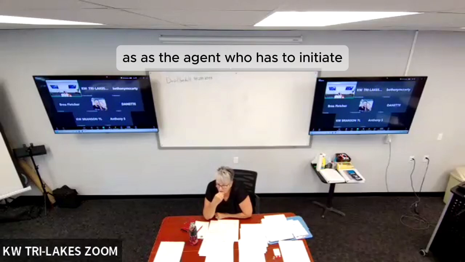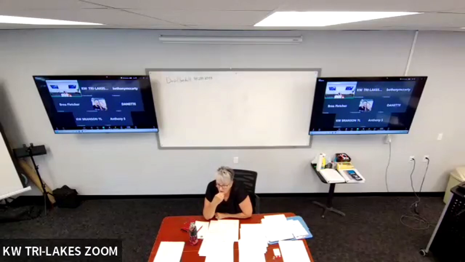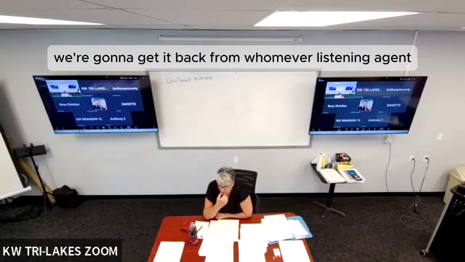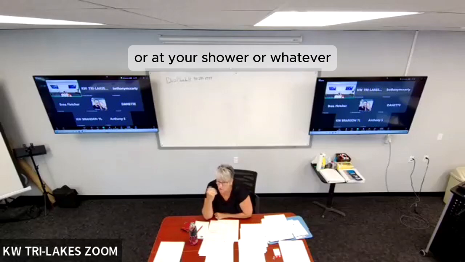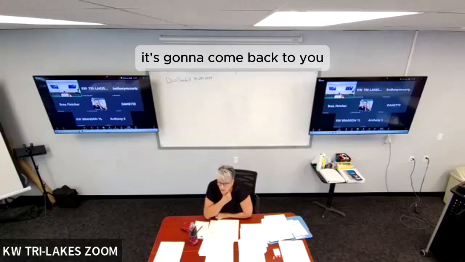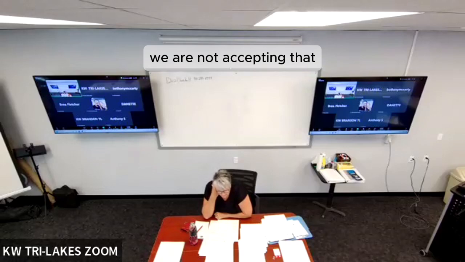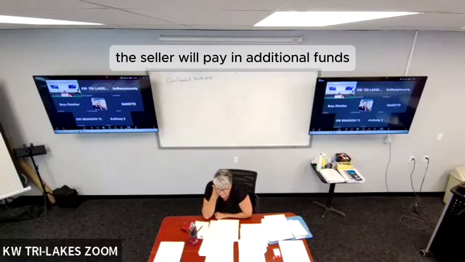Who has to initiate the amendment? You're going to get it back from whomever, the listing agent or your seller or whatever. They're going to say, we are accepting the contract, but we are not accepting that the seller will pay any additional funds. Should that be on the counter?